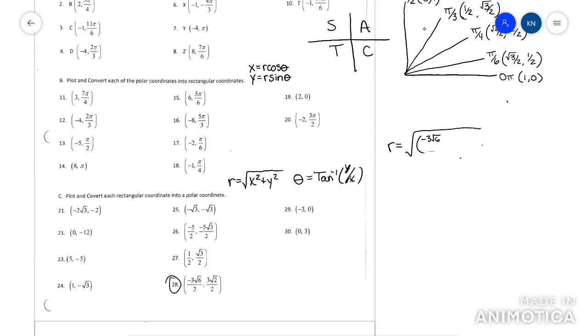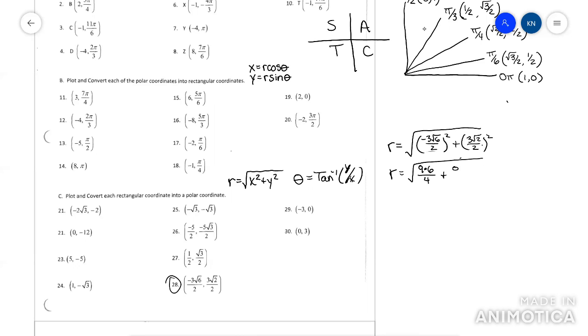-3 root 6 over 2 squared plus 3 root 2 over 2 squared. Okay, everything gets squared. So here's what it's going to look like. The -3 gets squared. The root 6 gets squared. It just becomes 6. And the 2 gets squared. The 3, I'm on this one now.